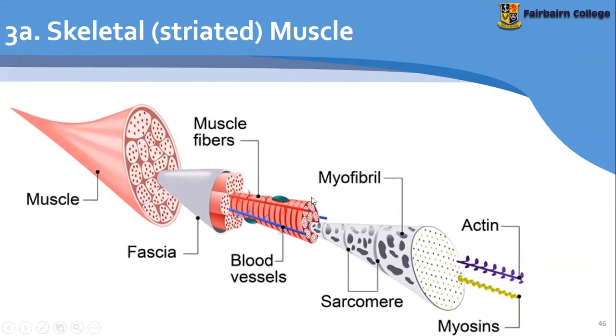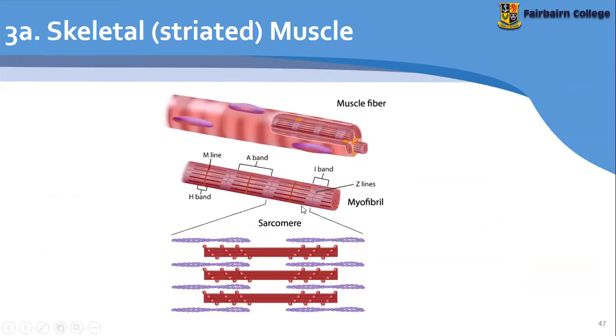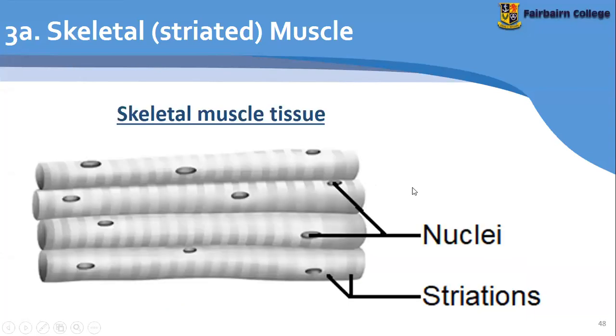But again, the only thing you really have to know is this middle part, the muscle fiber. Don't worry too much about this. I might explain it a bit in class, but it's not something that I will ask.